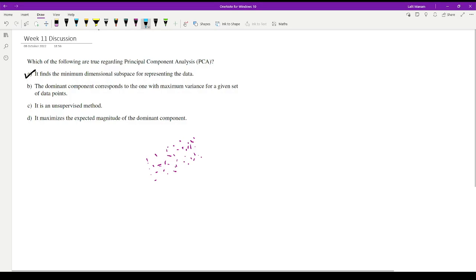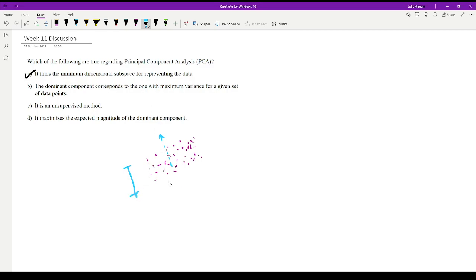So let me try to take different projections. If I take some direction like this, and I try to project points on this direction, you can see that in this specific direction only this much of the data is captured.